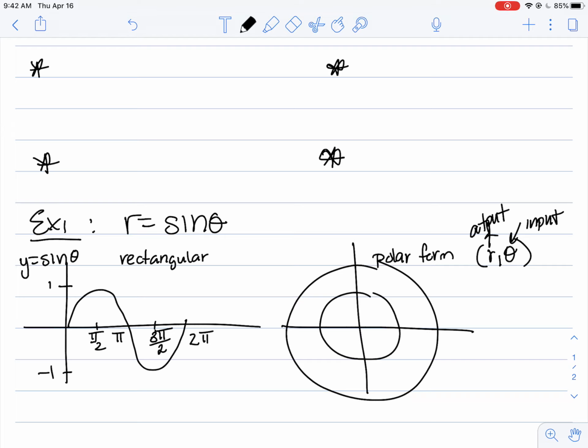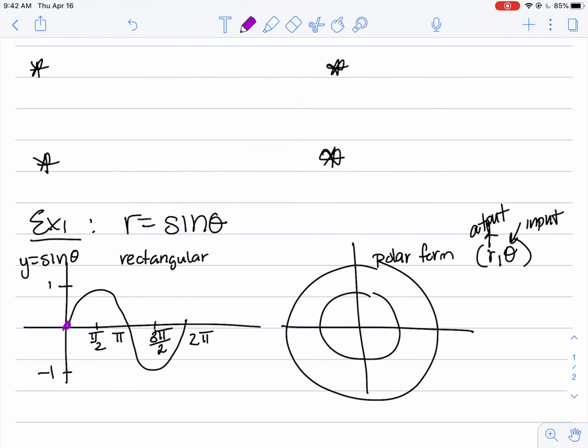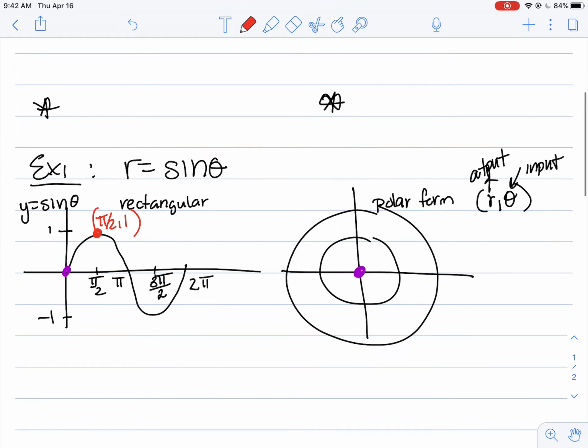For r equals sine theta, we can start with the point 0, 0. Then we move on to pi over 2, 1. In polar form, if we had to graph that coordinate, we'd go angle first, so pi over 2 first, and then we would plot the point.